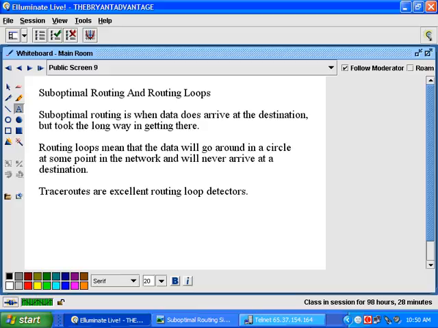You'll be able to spot it very quickly because it's going to end pretty quickly. Those devices are just sending the data back and forth between each other. It usually takes 3 devices. That's why we call it a loop.